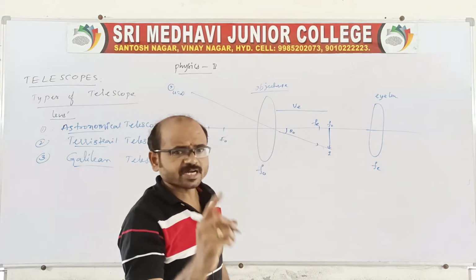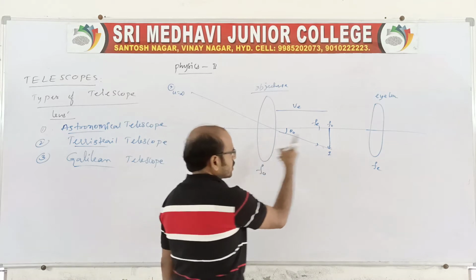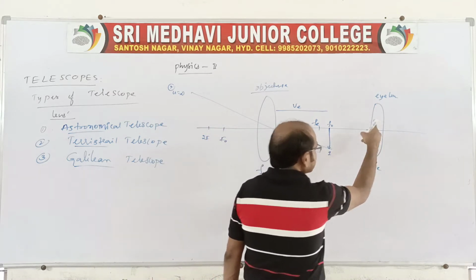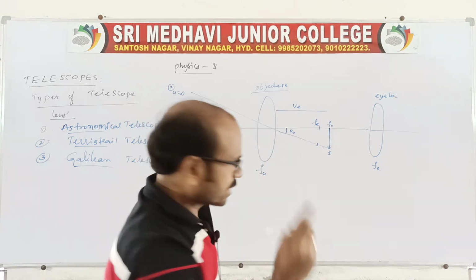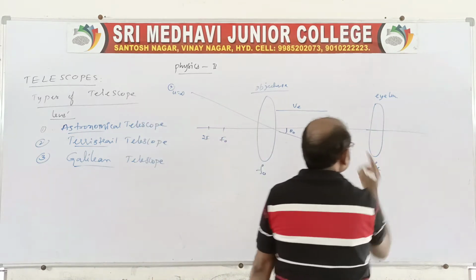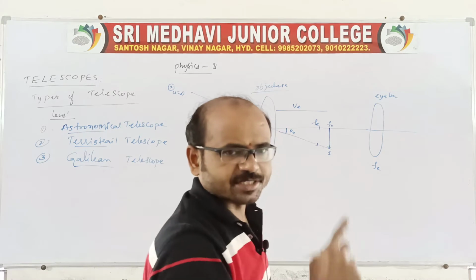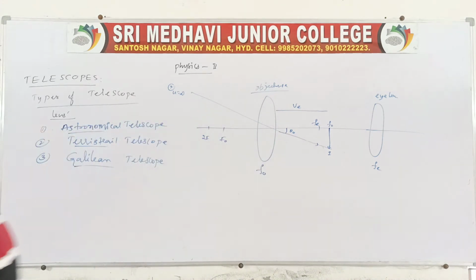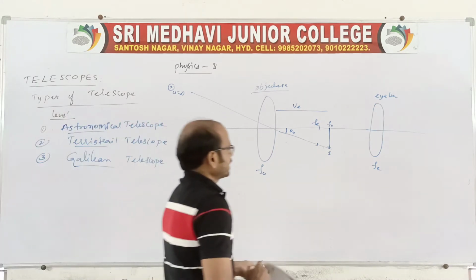It is a real inverted image formed by the objective lens. Now this image acts as the object for the eye lens. Therefore it again forms a virtual image.